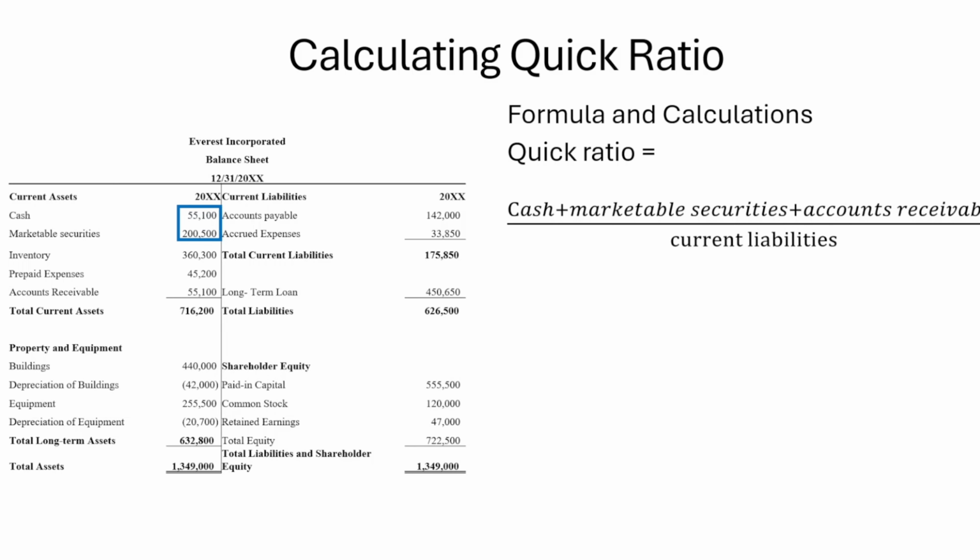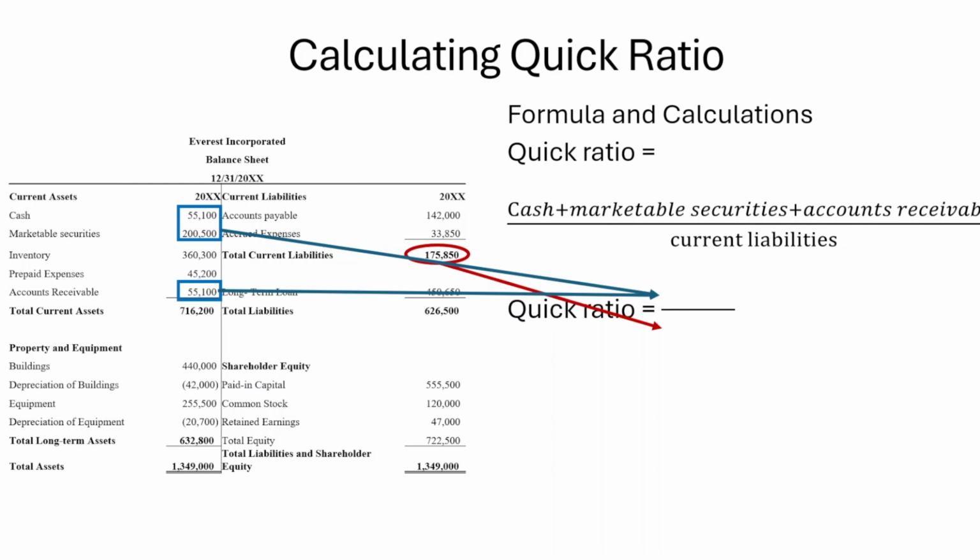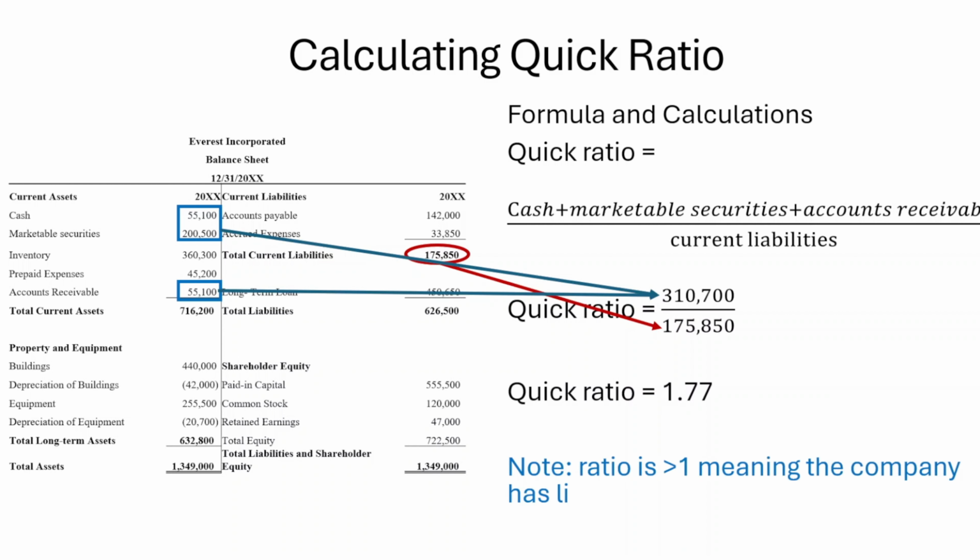Our cash and marketable securities are over there, then we have the accounts receivable there, then our current liabilities are over there in the red. When we divide those, we get 1.77. As you can see, it's more than 1. It means that Everest Incorporated has enough liquid assets to cover its immediate or short-term liabilities.